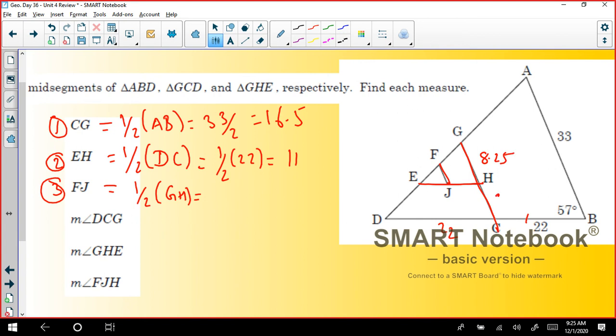Okay, GH is 8.25, HC is 8.25. Then they will add to 16.5 because GC is half of AB. GH is half of GC.